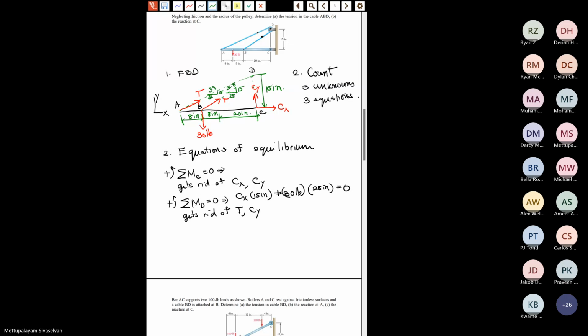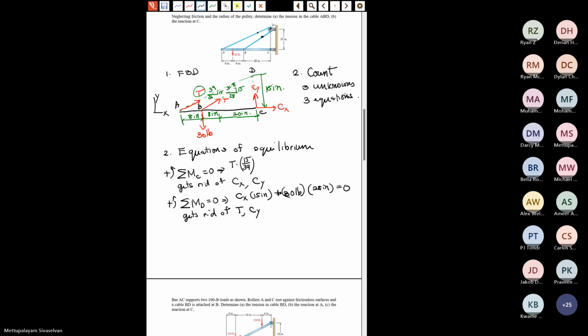So if I do the sum of the moments about C, then what do I get? Let's do this T first. The horizontal component of T has no moment about C because it goes right through. I only have to do the vertical component. So what is the vertical component? T times 15 over 39. Everybody okay with that?